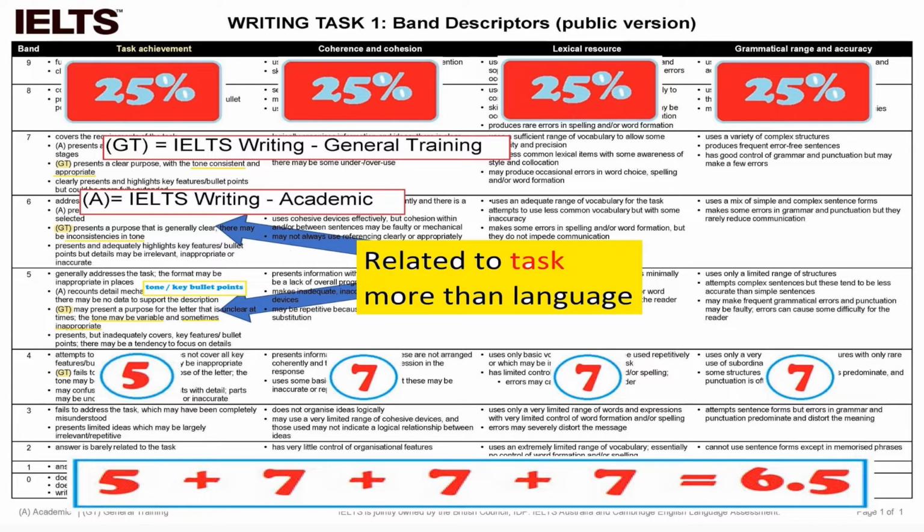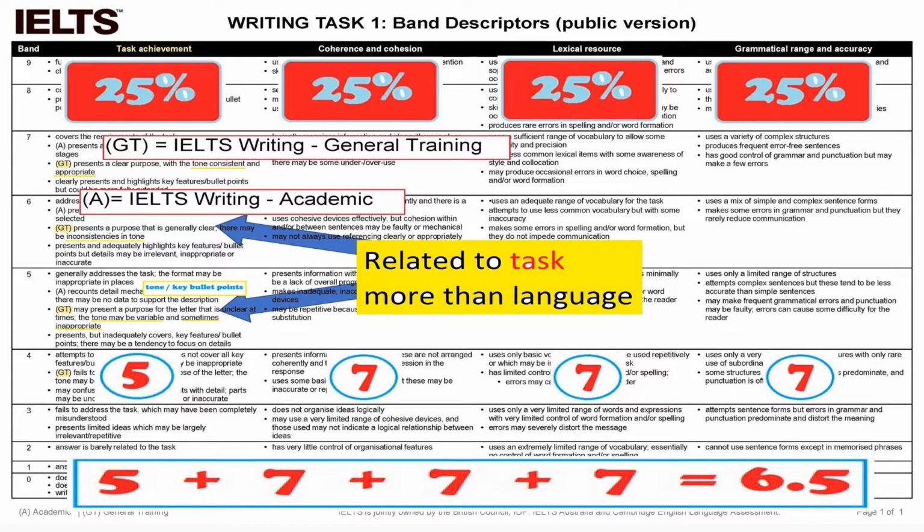To be awarded a particular band level, your writing must meet all the positive criteria for that level. In the example here, this test taker used organization in their writing that scored band 7. They used vocabulary that was awarded band 7 and used grammar characteristic of band 7.